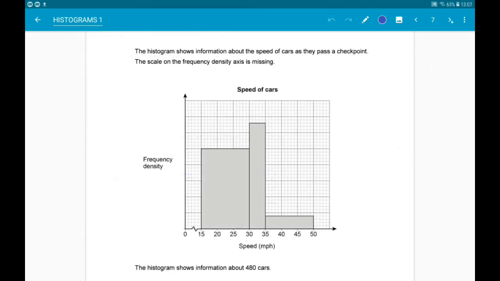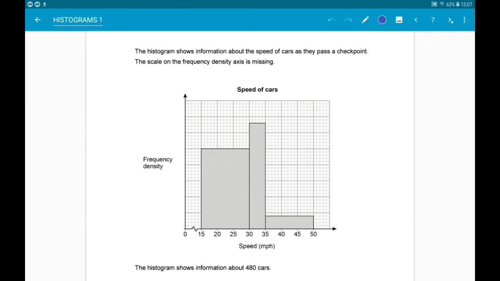Final question for this set, quite a tricky one. The histogram shows information about the speed of cars as they pass a checkpoint. The scale on the frequency density axis is missing. We are told the histogram shows information about 480 cars, and we're asked how many cars the first bar represents.